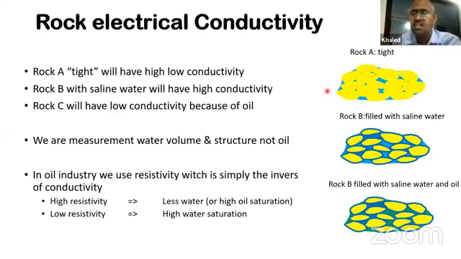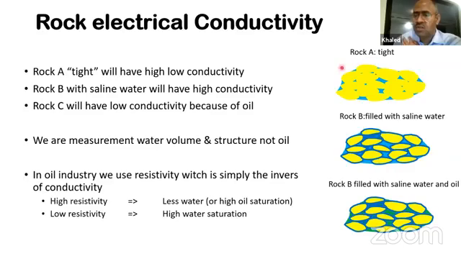Here there are 3 examples of 3 rocks, okay? The first rock is a very tight rock with very low porosity. This one is filled with water. This one is filled with hydrocarbon, okay? If you calculate the conductivity of this rock, you put 2 cathodes and you measure the electrical current that moves inside the rock.